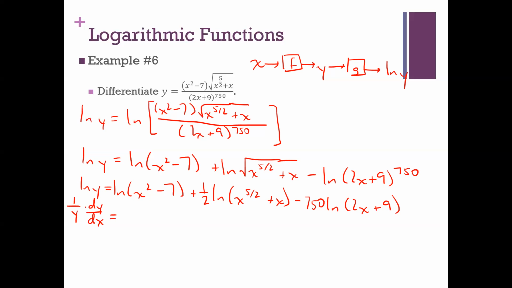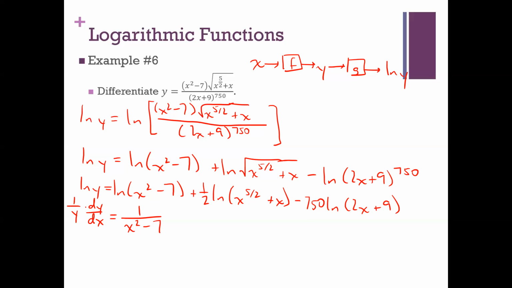What's the derivative of natural log of x squared minus 7? Is it 1 over x squared minus 7? The derivative contains 1 over x squared minus 7 because that is the quote unquote outside function. So the derivative of the natural log of something will always contain 1 over that something.